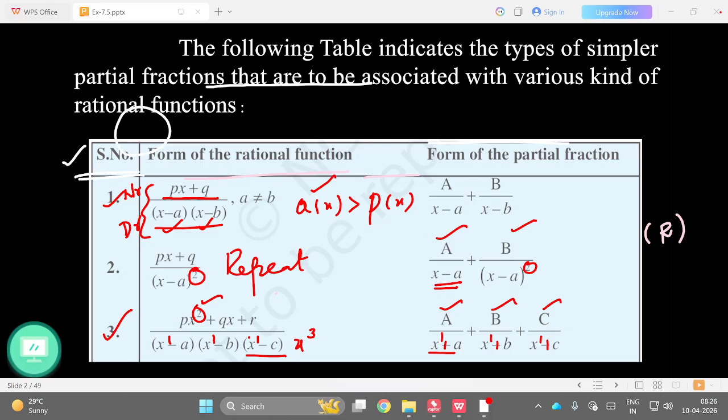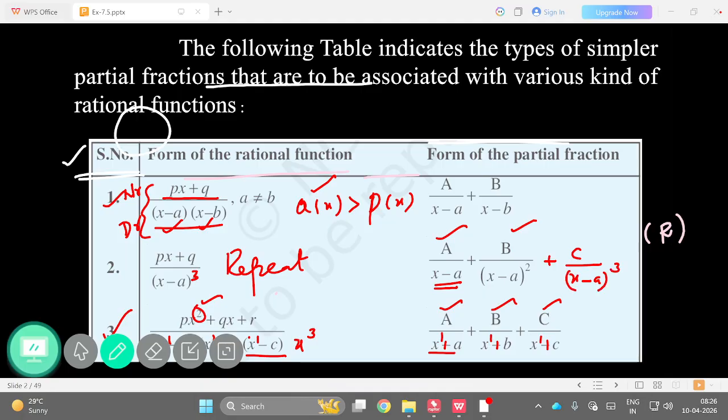Suppose the factor occurs 3 times in the denominator, which means the whole power is 3. Here we write c divided by x minus a whole cube when you get repeated factors.